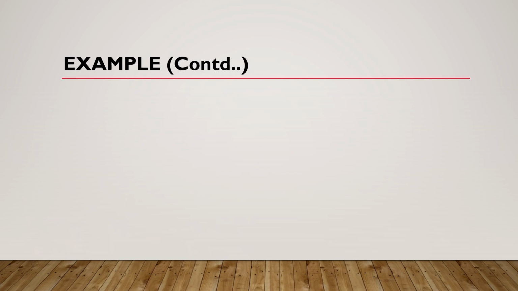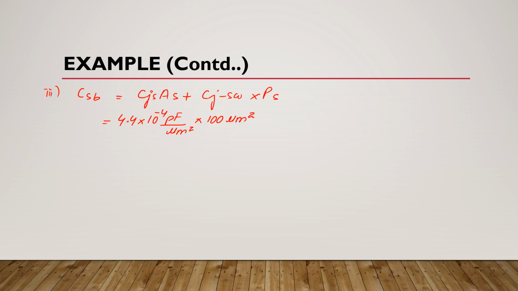Okay, now we will find the value of source to bulk capacitance in cutoff region. We know that its formula is this. Okay, now we will put values here. We know that this source junction capacitance is 4.4 into 10 raised to the power minus 4 picofarad per micrometer square, and this area of source is 100 micrometer square.